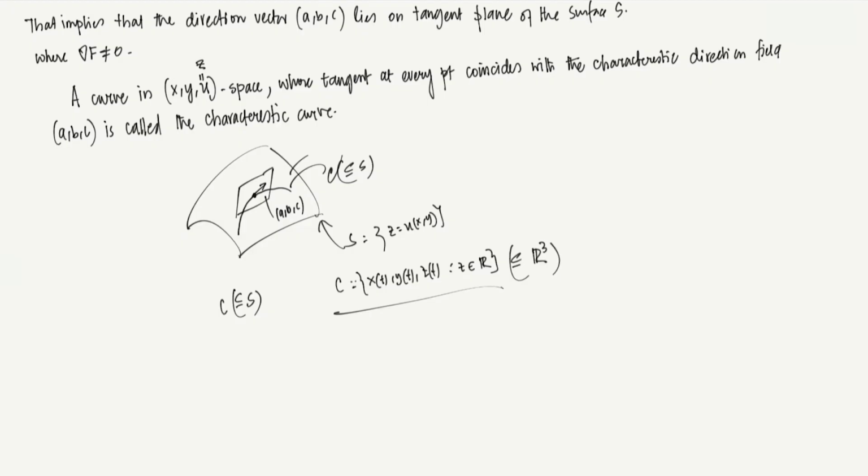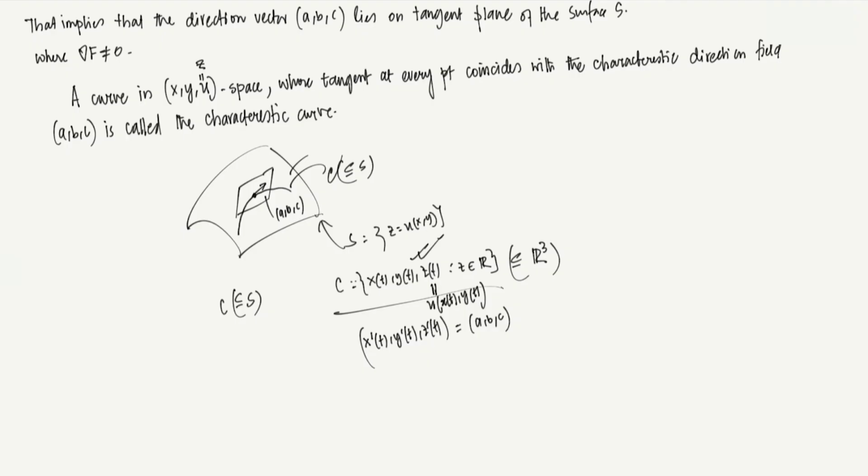Now what is so special about C? C lies on S, so z is nothing but u of x of t, y of t. Now C has this property that the derivative of C, that is x prime of t, y prime of t, z prime of t, will be nothing but A, B, and C, because the derivative will be the tangent.